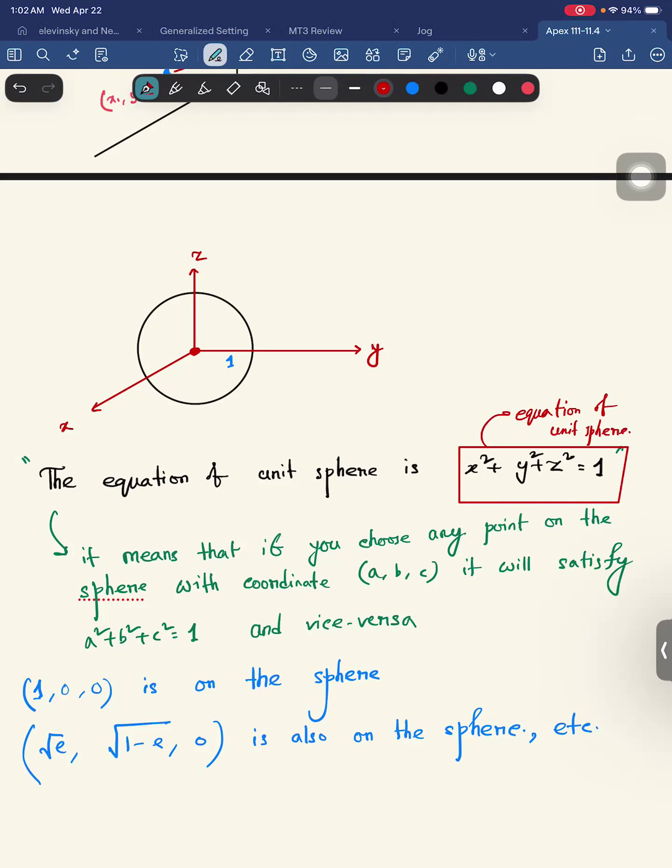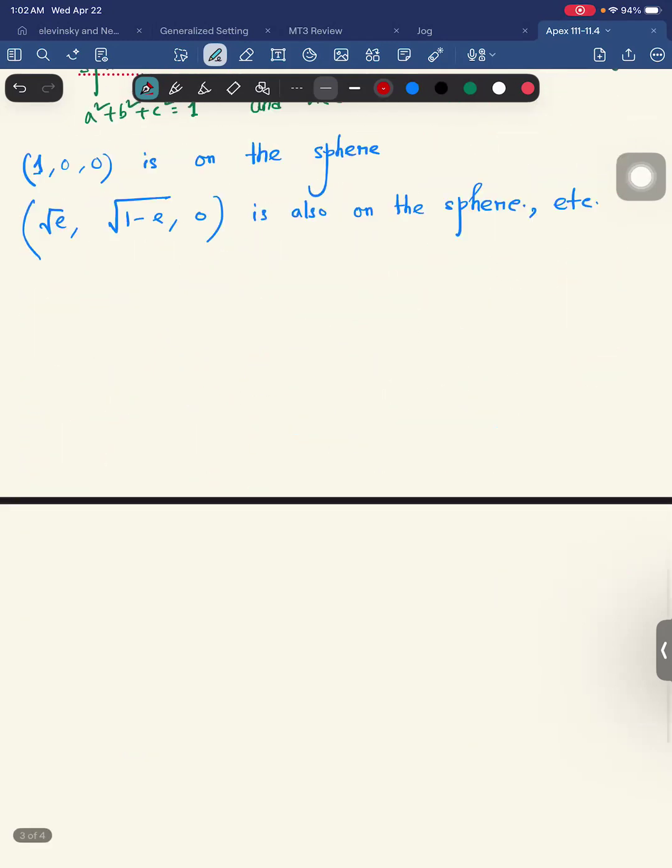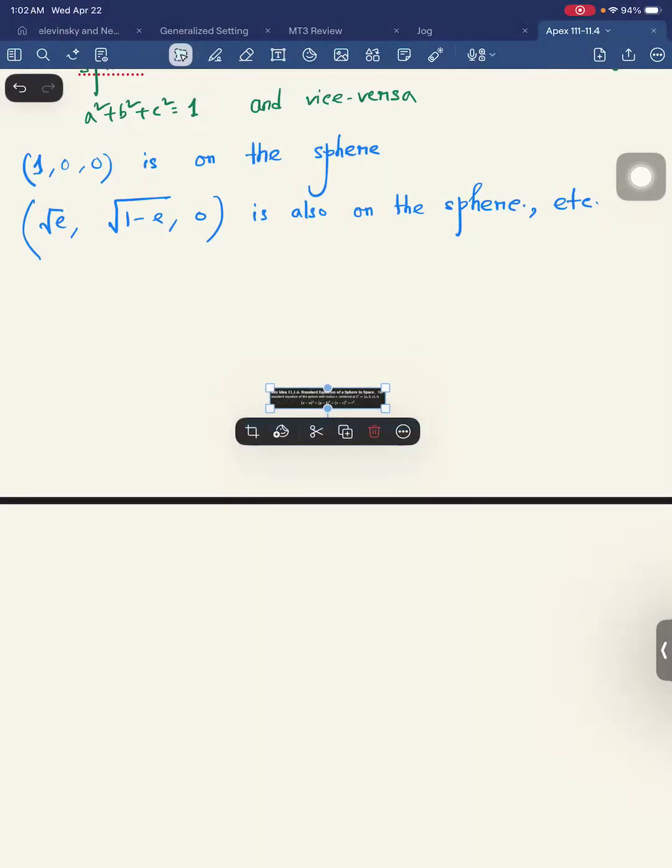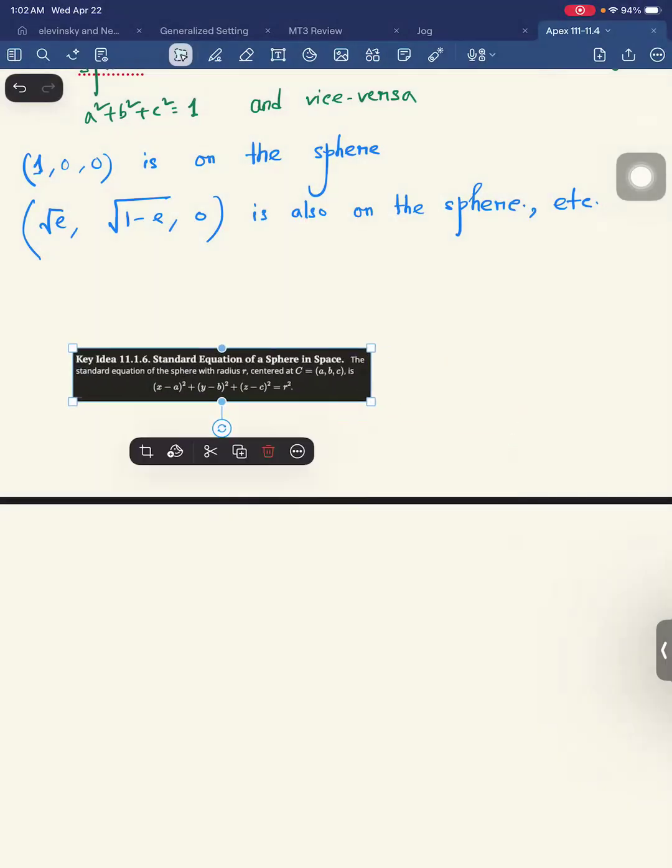Makes sense? And why unit? It is because the radius is 1. So what is the equation of a sphere centered at a point (a, b, c) with radius r? The equation is the following.